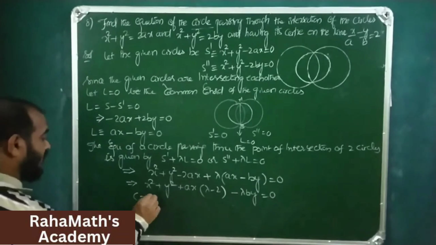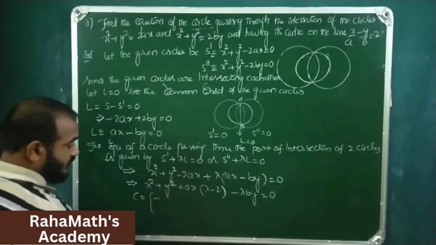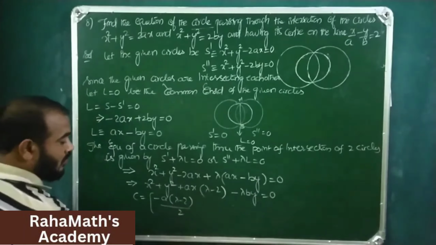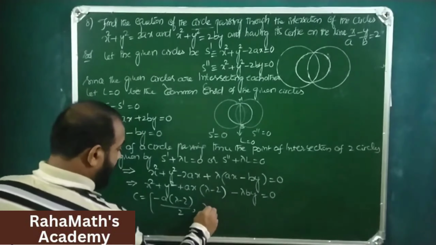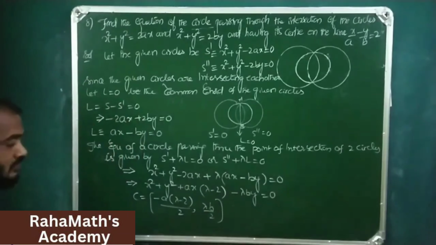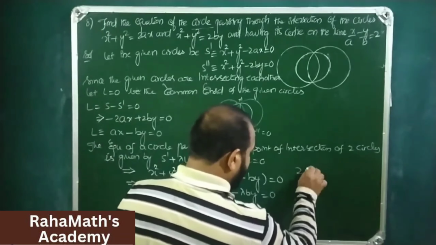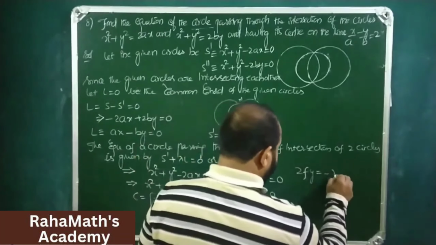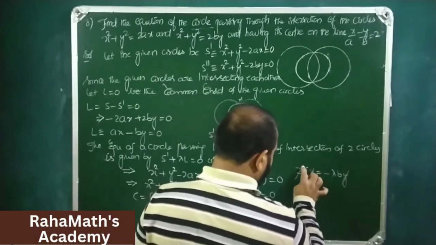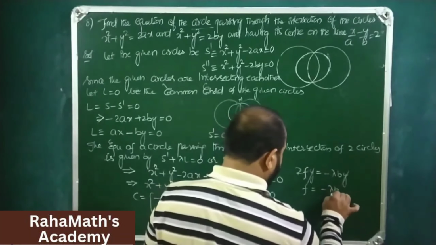What is the center of this? It can be compared with 2gx, 2fy. 2fy equals minus lambda b, so f equals minus lambda b by 2.